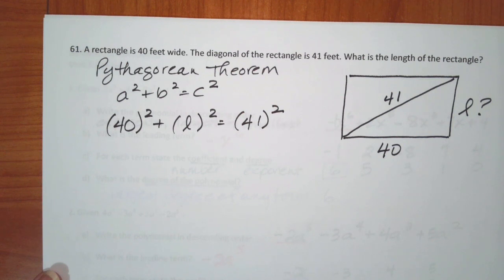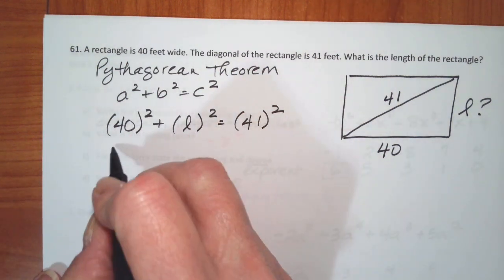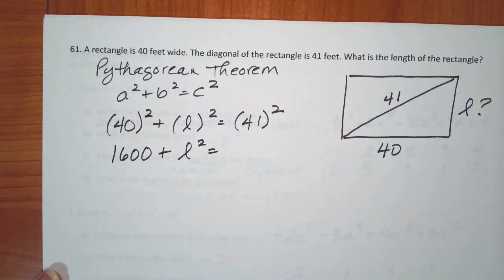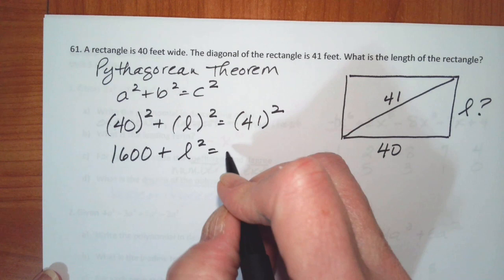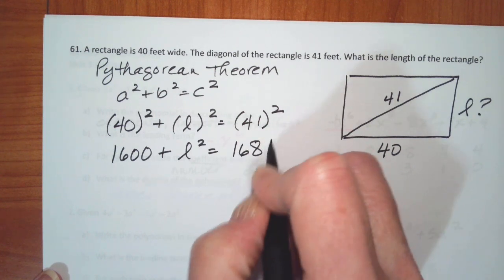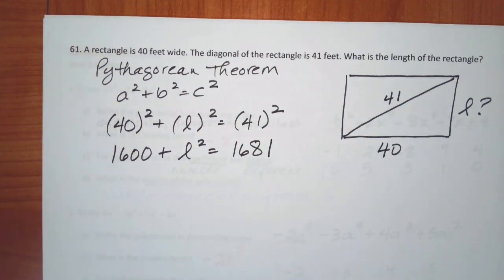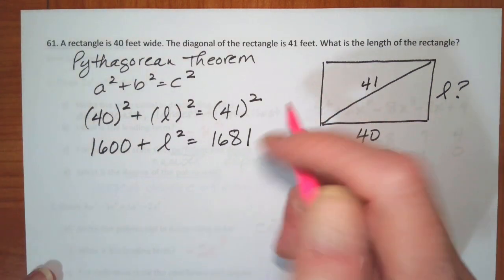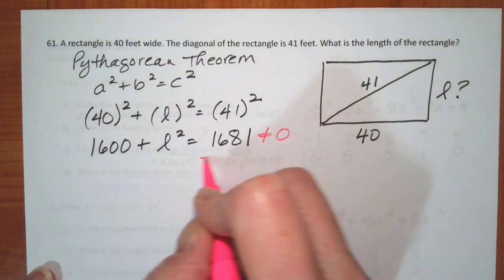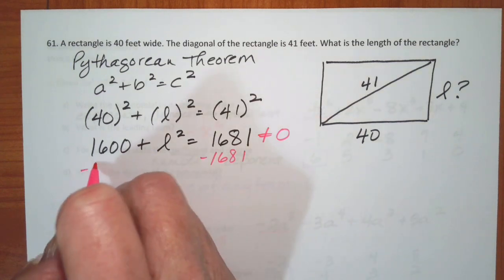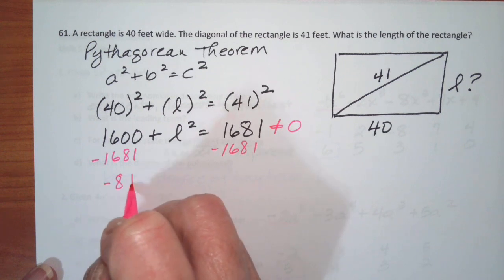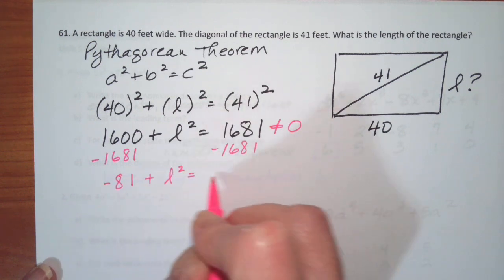So 40 squared is 1600 plus L squared is equal to 1681. Okay, it's not equal to 0. So I'm going to subtract 1681 from both sides. So I get negative 81 plus L squared is equal to 0.